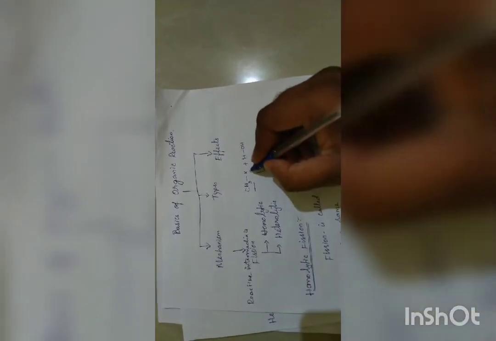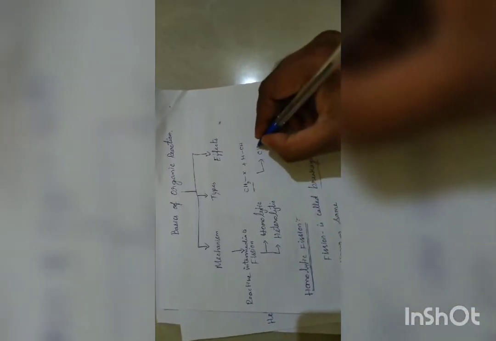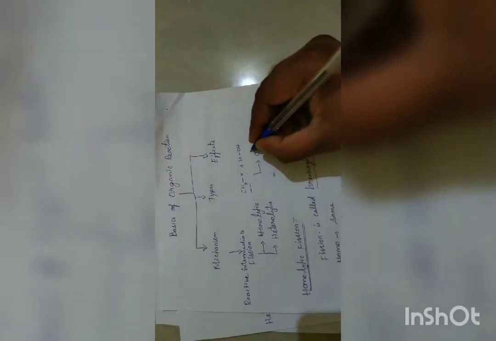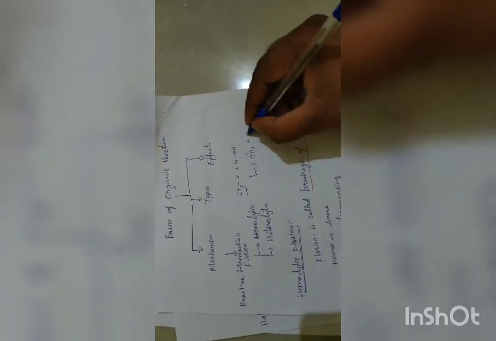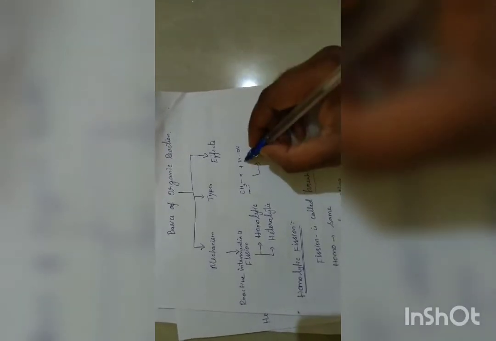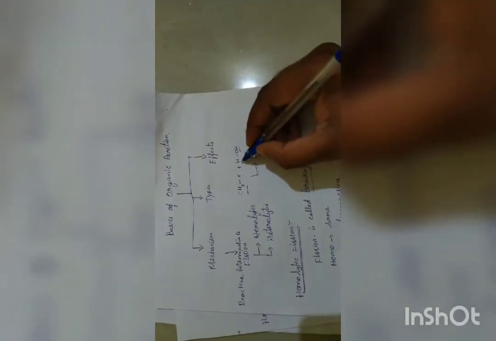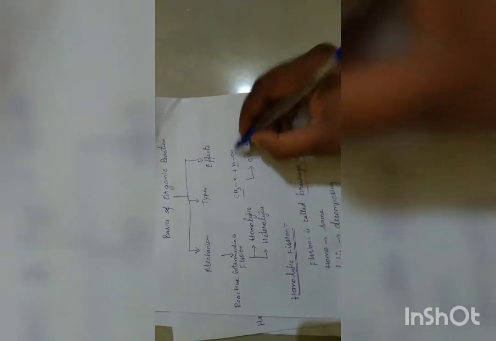This CH3 halogen compound becomes CH3+ and X-. These two separate, like the water molecule separates into H+ and OH-.